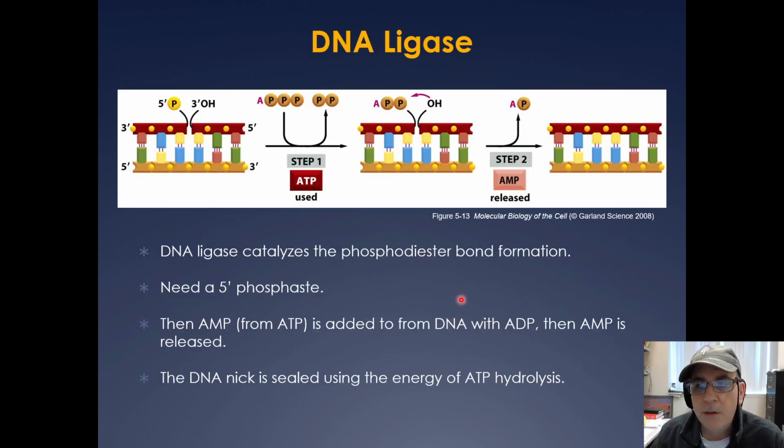Here's how DNA ligase works, and if anybody has set up a ligation reaction in a lab, you probably have used this enzyme. In my lab, we use it quite a bit. You can buy it from a whole bunch of stores. The way it works is you have your 5' phosphate and your 3' OH group, and DNA ligase uses ATP, and an AMP is added to the 5' phosphate to create this DNA-AMP complex.